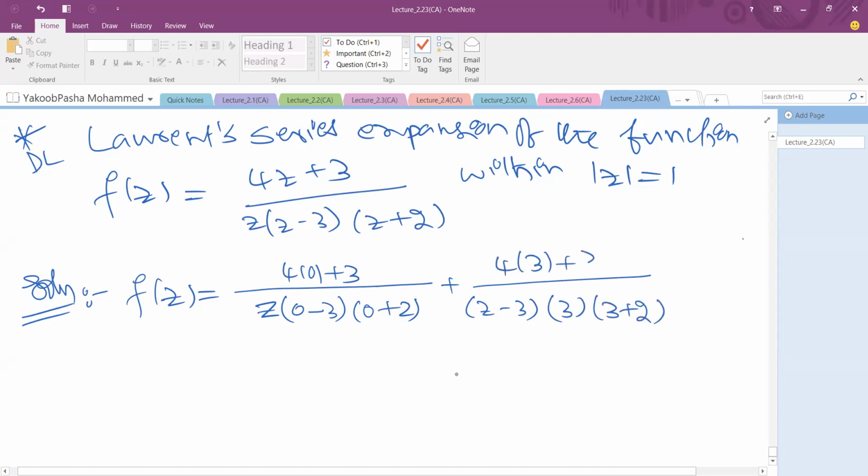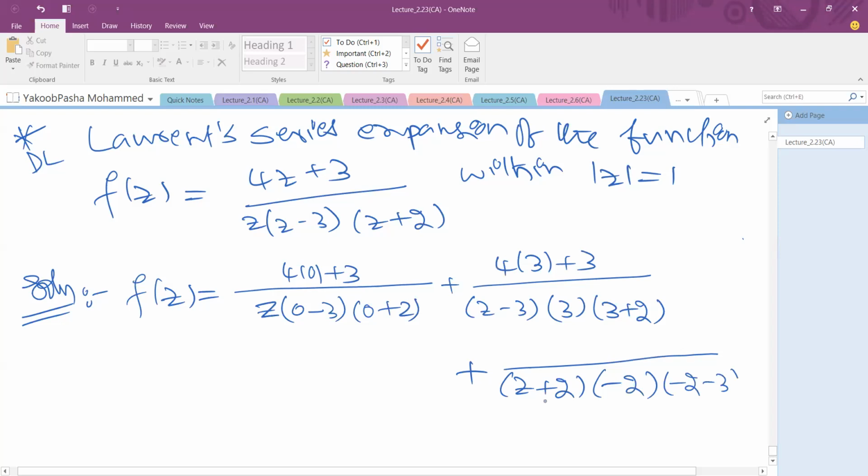And next term, z plus 2, replacing z by minus 2: minus 2, minus 2 minus 3; numerator also minus 2 in place of z.